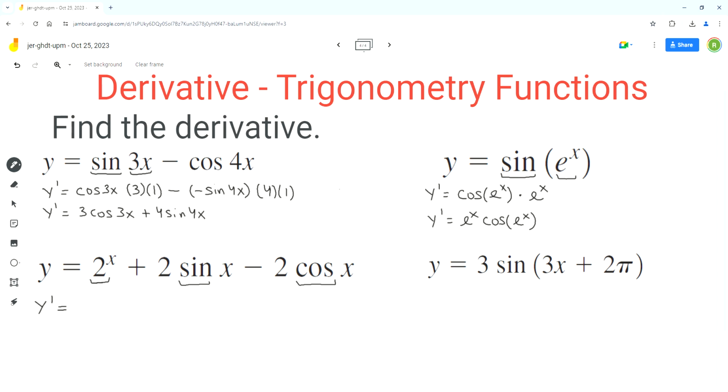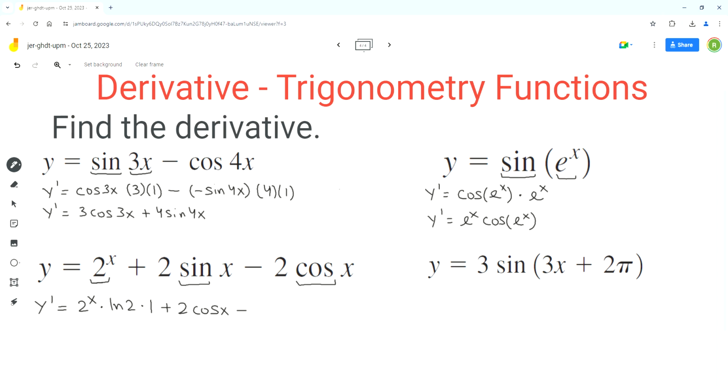So for the derivative, let's start with the derivative of the first term, 2 to the power x. So the derivative will be the exponential term itself times the ln of the base times the derivative of the exponent, and the exponent here is x and the derivative of x is 1, plus, now in the second term 2 is the coefficient of the term, so it will stay as it is, and the derivative of sine x is cos x.